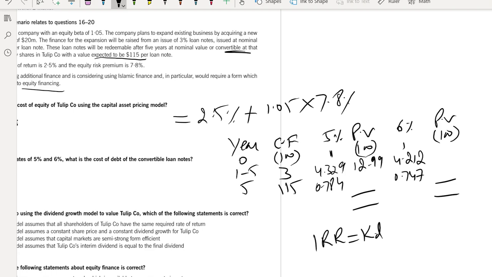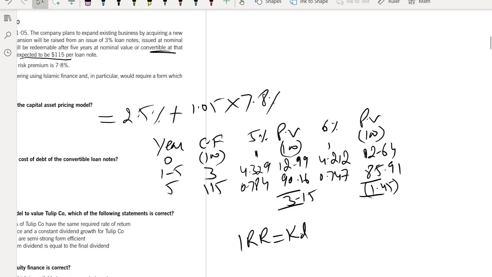Here it is 115 into 0.784, that is equal to 90.16. And here it is 4.212 into 3, 12.64, and this is equal to 85.91. The total of this is 3.15 and this is 1.45.